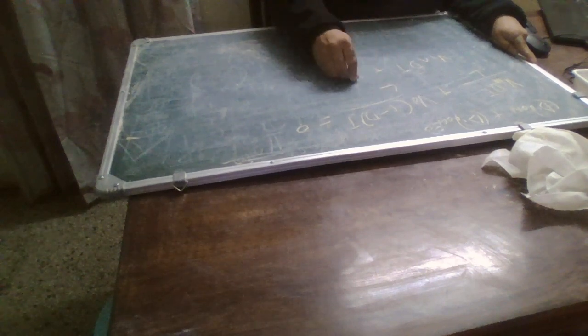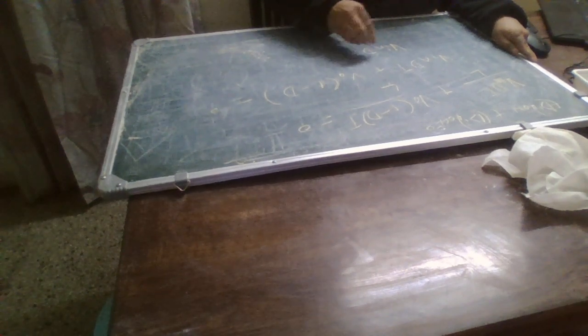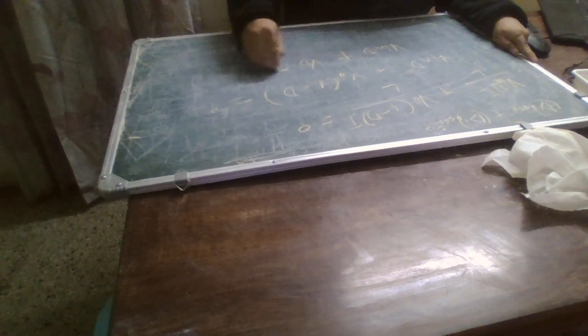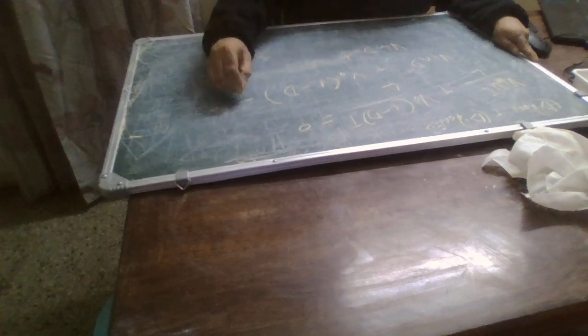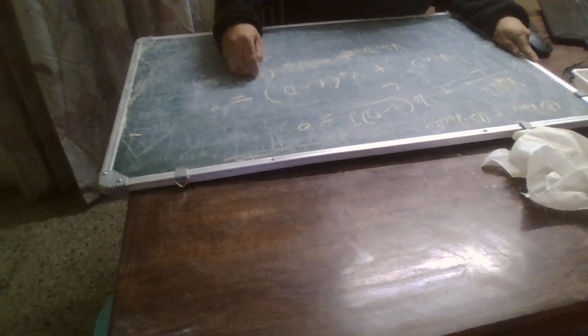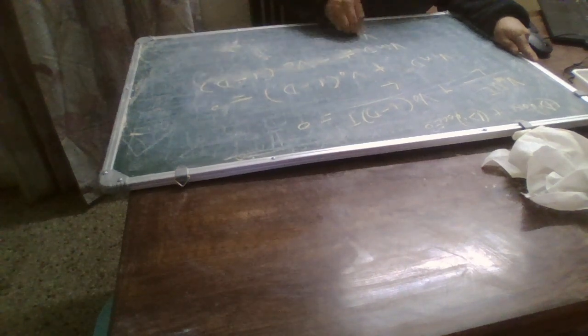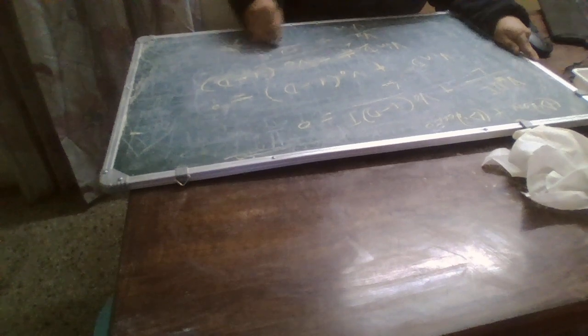This L will go, now we will be left with V input d plus V naught (1 minus d) equal to 0, since T gets cancelled. We do not need to expand it, simply we take this term to the other side, and we can say V naught upon V input is minus d upon 1 minus d.